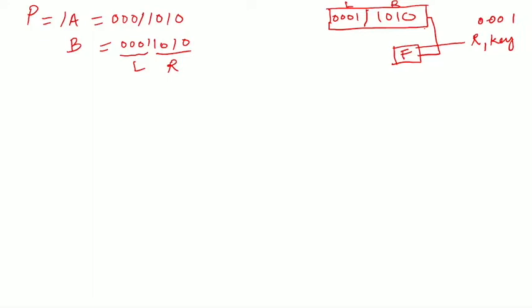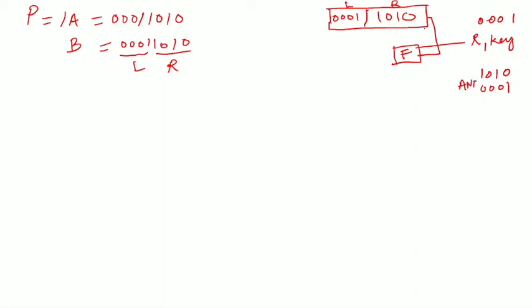Then we process this round key and the right half using the round function. If you remember, we had 2 steps. The substitution was just doing AND logic with the right half and the round key. So we have right half 1, 0, 1, 0, and our key is 0, 0, 0, 1.